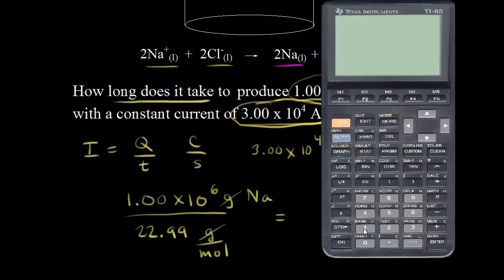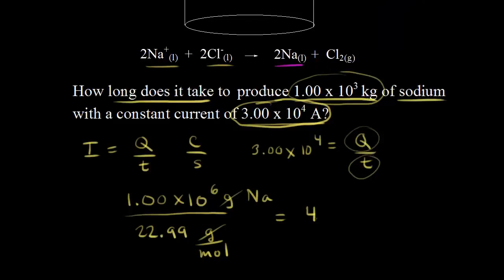We have 1.00 times 10 to the sixth grams of sodium. If we divide that by 22.99, the molar mass of sodium, we get 4.35 times 10 to the fourth moles of sodium.